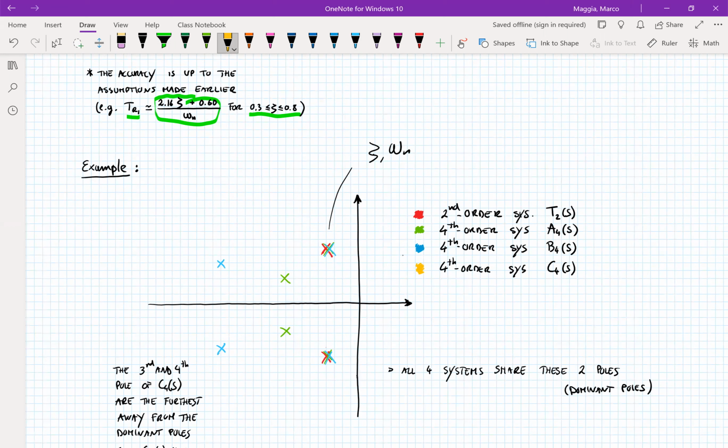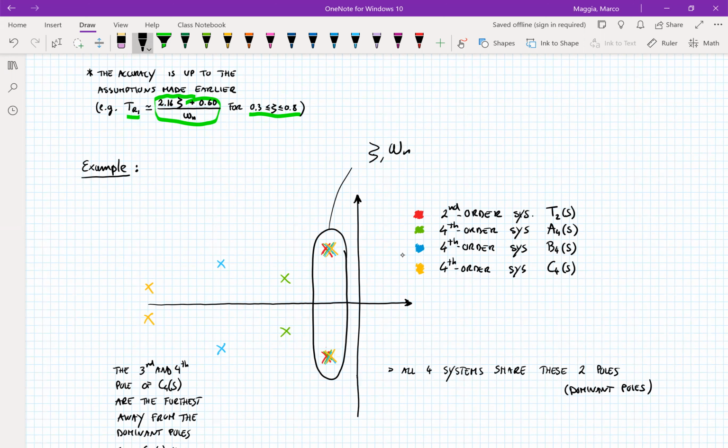And then finally, a further 4th order system with the same dominant poles, with the other 2 poles even more to the left. So all 4 systems share the same 2 poles, the pair of dominant poles.